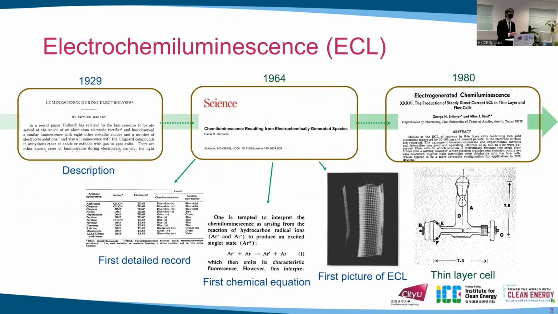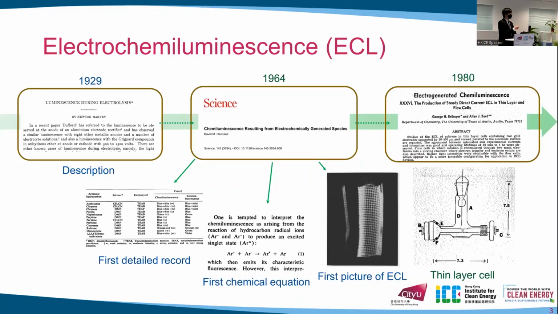I think most of you may not know what ECL is, so let me give a brief introduction first. This phenomenon was described in 1929, with only a brief description of an event in which luminescence occurred on an electrode surface.